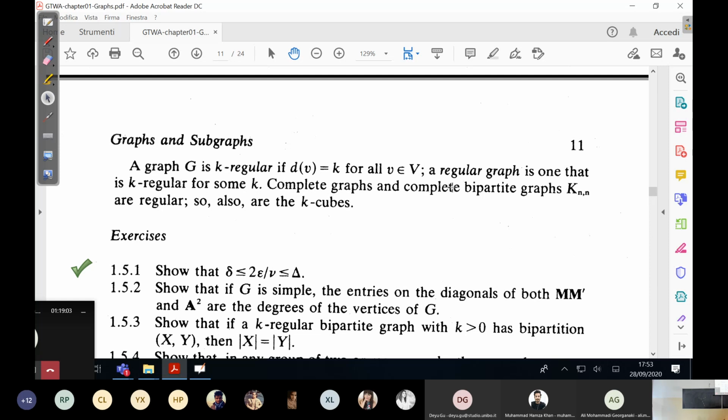Complete graphs are an example of regular graphs, and also complete bipartite graphs with the two sets of the bipartition with the same number of vertices, okay? Also k-cubes are regular, okay? And in particular, a k-cube is a k-regular graph.